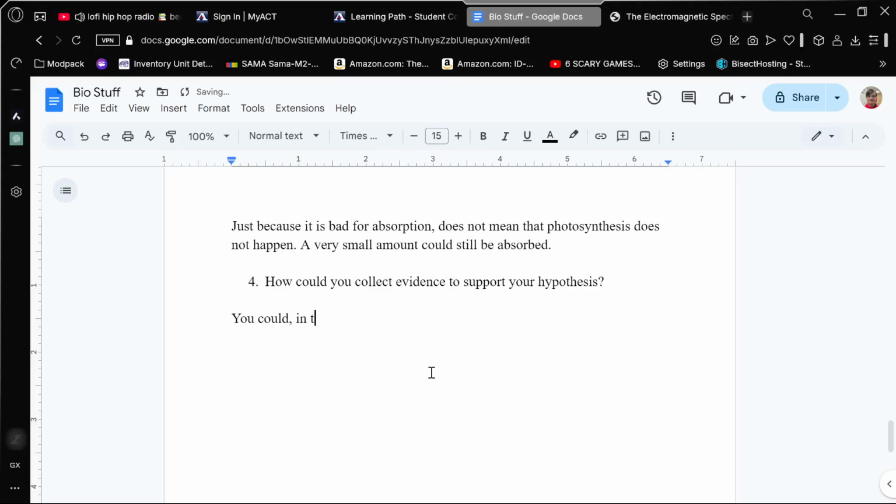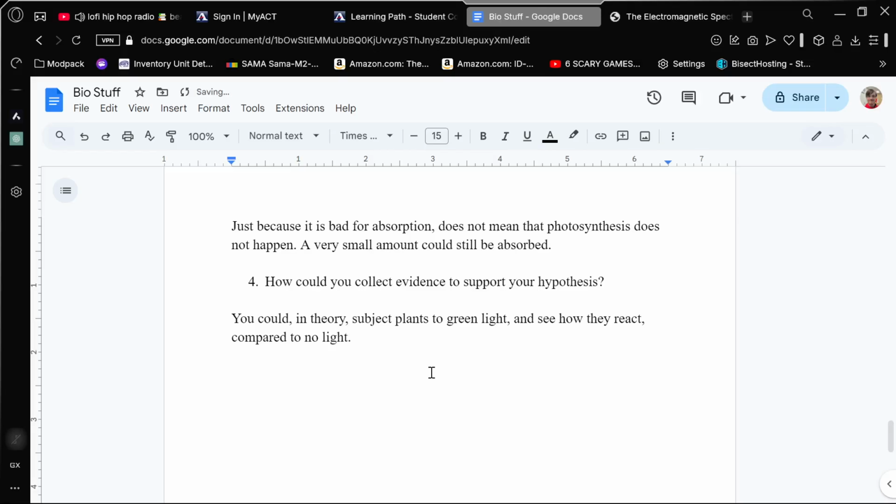You could, in theory, subject plants to green light and see how they react compared to no light.